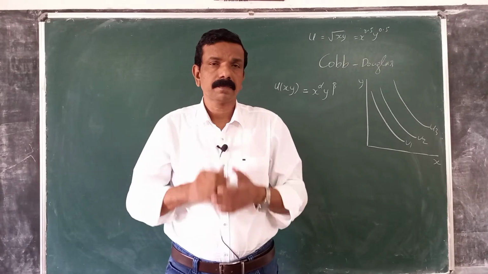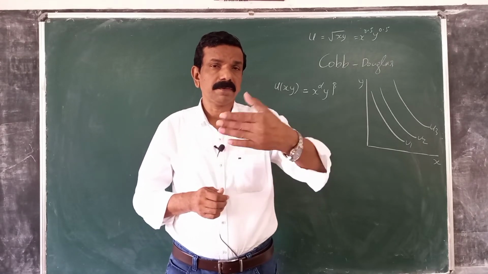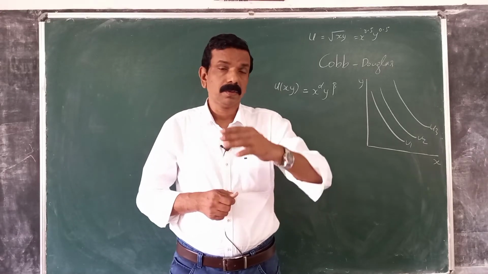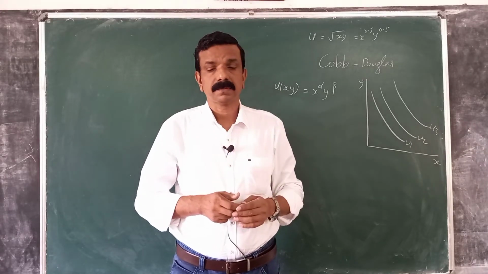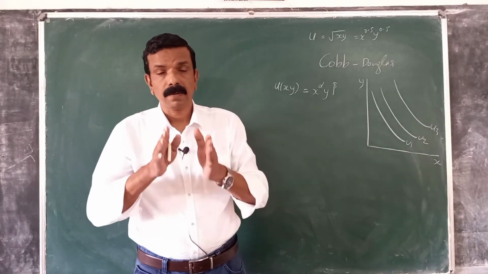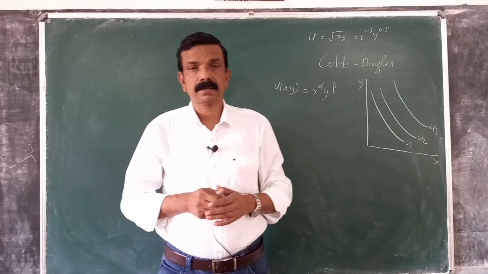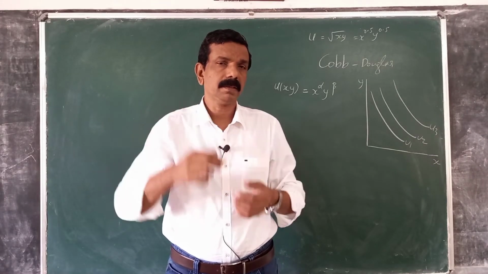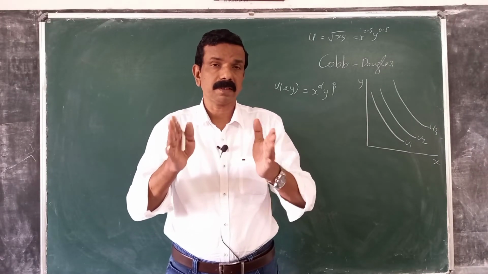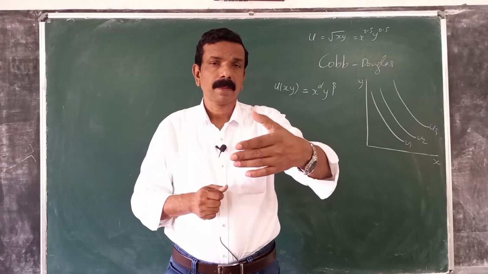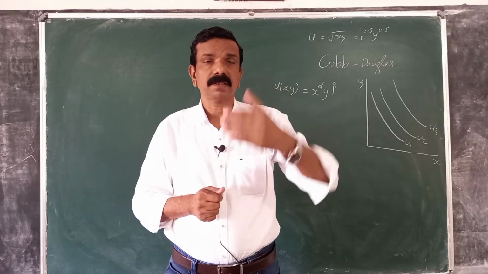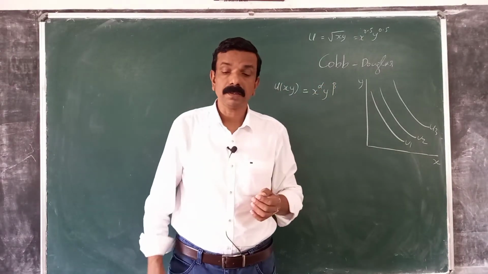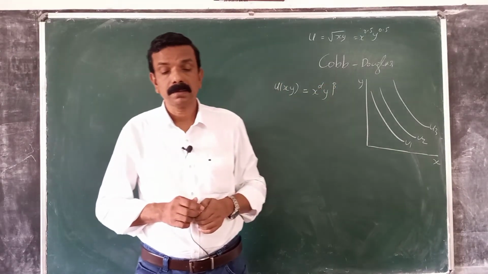The name is derived from two researchers who used such a function in the context of production relations in the US economy, and that we will see in detail. The Cobb Douglas production function used it to study production. As the functional form is the same, it is known as Cobb Douglas utility function.